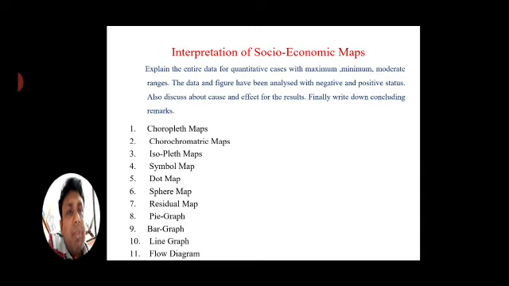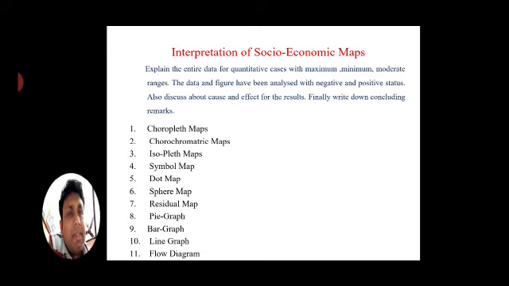The data, which is good or bad, can be reflected on the maps. Then we have to identify the positiveness or negativeness. Also, we discuss the cause and effect for the result. What are the basic causes for this result? We have to identify by seeing the maps and diagrams. And finally, write down concluding remarks. This is the most important part of the interpretation of socio-economic maps.